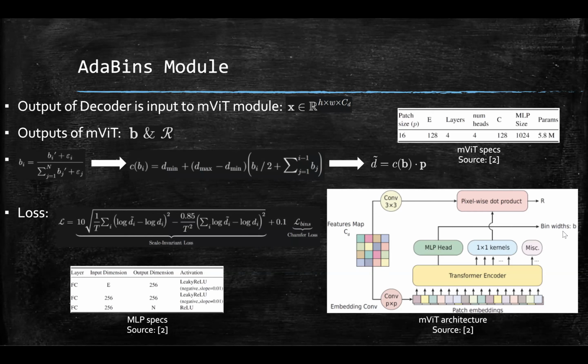Tensor X is passed through a convolutional block called embedding conv, so this one here, with kernel size P by P and stride P, where P is the patch size, and you can see in the mViT specification it's set to 16. The result of this embedding conv is a tensor of size h divided by p times w divided by p times E, where E is the number of output channels.